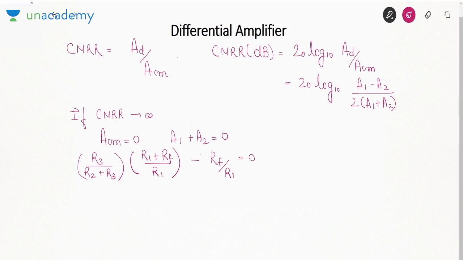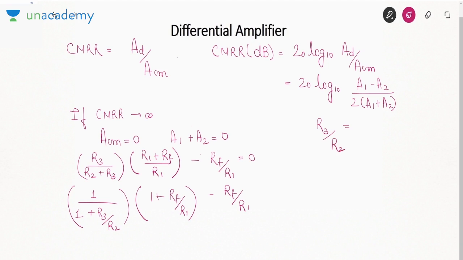This must be 0. So you can write it like this: 1 plus R3 by R2, 1 plus RF by R1, minus RF by R1. If you say now that R3 by R2 is equal to RF by R1, in that case this term will be 1.